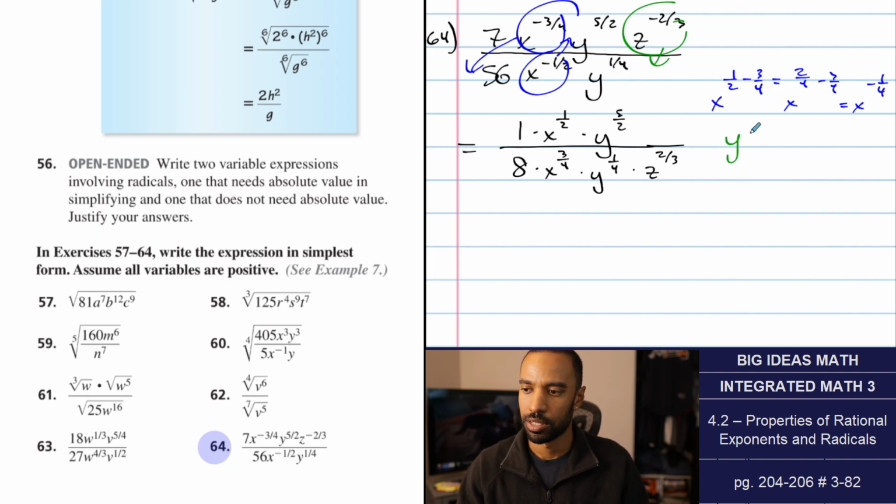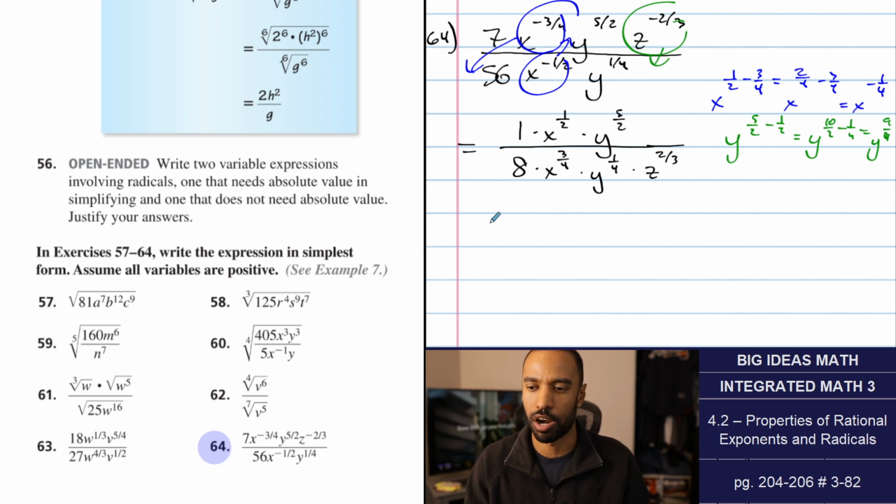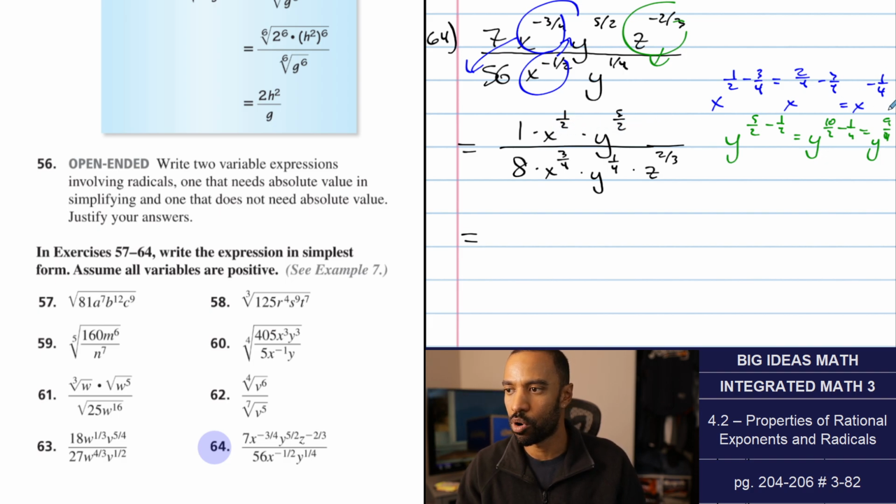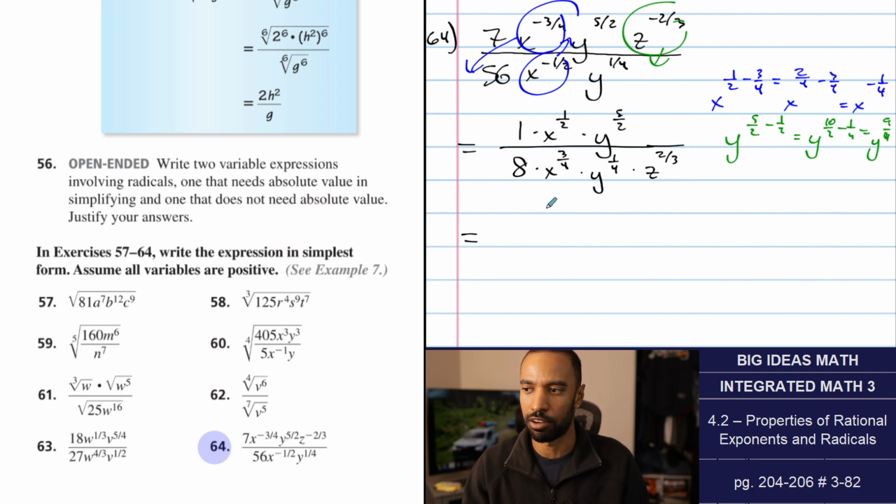For y's, 5/2 minus 1/4 is the same as 10/4 minus 1/4, which is 9/4, and that's a positive 9/4, so that'll stay in the numerator. Sorry for the small writing. 1 times anything is just that number. Keep in mind, there is no x on top anymore. It's going to go in the denominator, x to the negative 1/4. It's going to turn positive in the denominator. Y to the 9/4 is the only thing that remains on top in this problem.